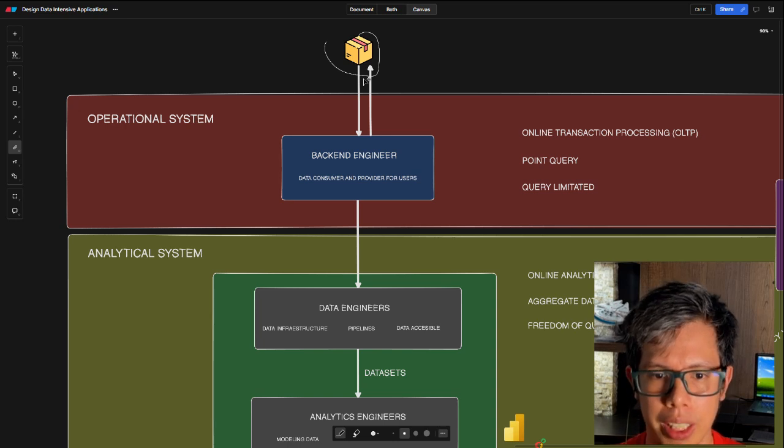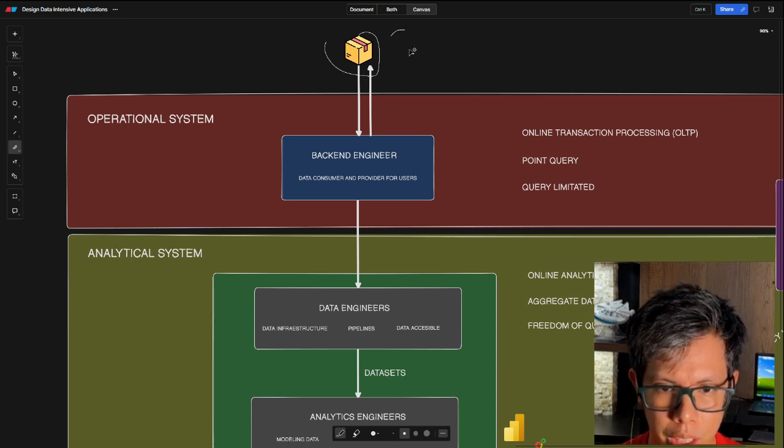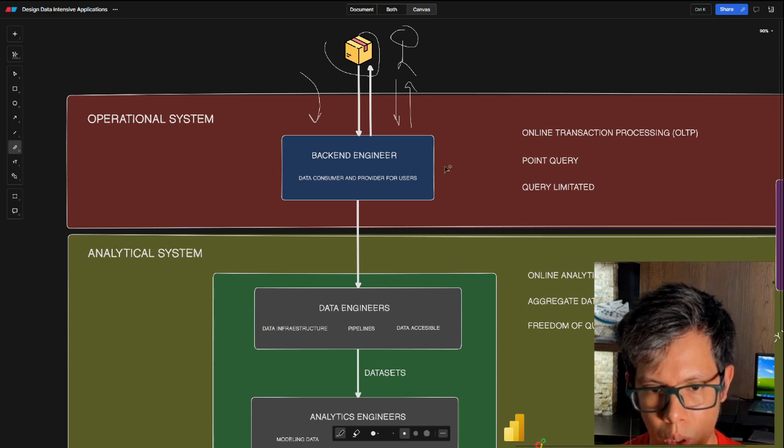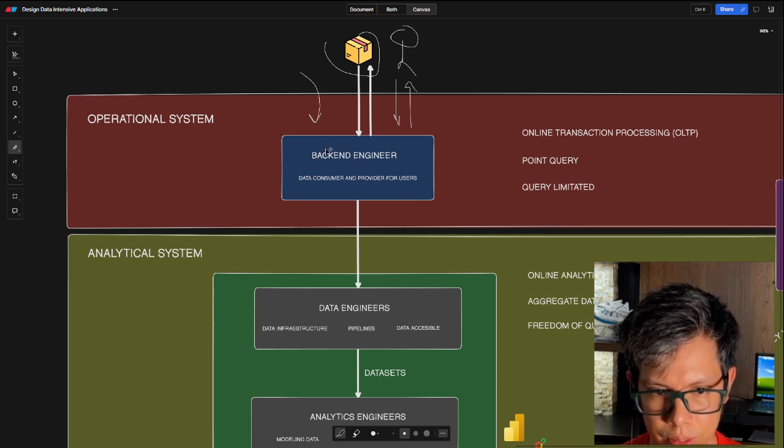So you have to imagine that at this moment we have a user communicating with your server, because we are working with server applications. This user has the possibility to write or read data, and for that we have this role. This is the first role involved in this design: the backend engineer.